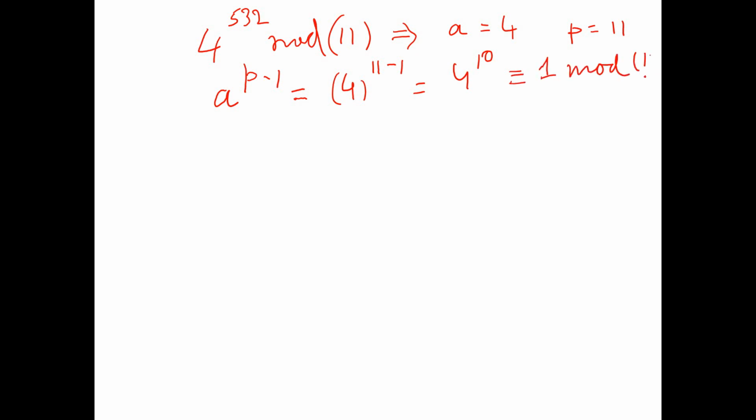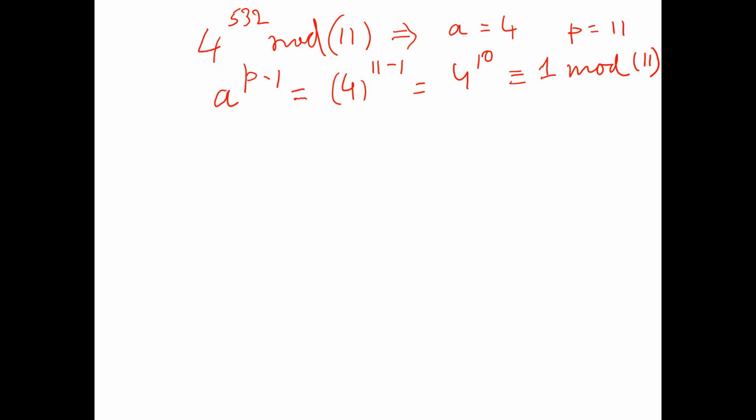We can write it this way. 4 to the power 10, what is my mod value? 11. If we don't know Fermat's little theorem, we cannot claim this. Why am I claiming this? This is p minus 1, and this is my p. So as per the first rule, we can equate this one.